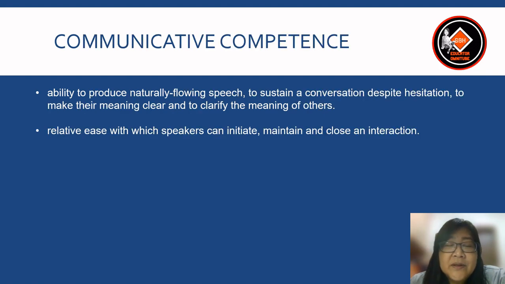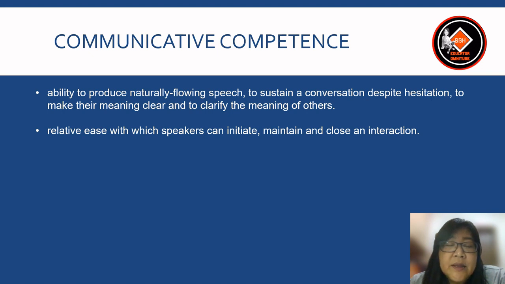The last part of the content for marks is called communicative competence. It is the ability to produce naturally flowing speech, to sustain a conversation despite hesitation, to make your meaning clear and to clarify the meaning of others. It means you have a conversation which is quite smooth, with few or no pauses.